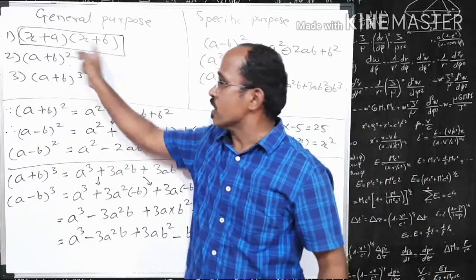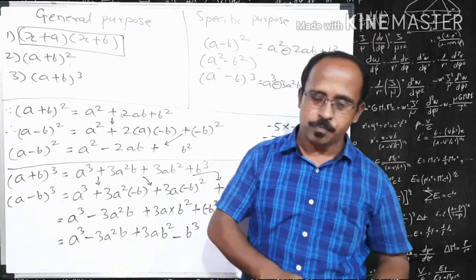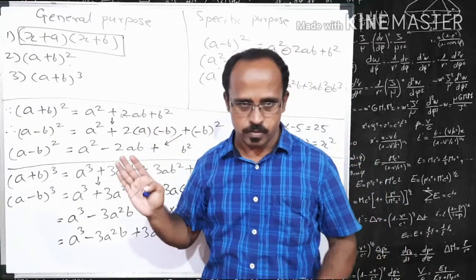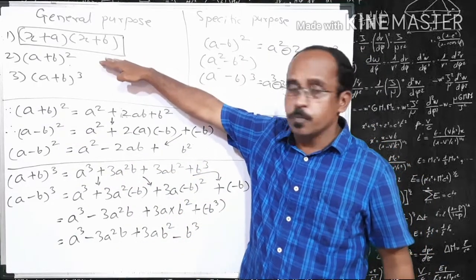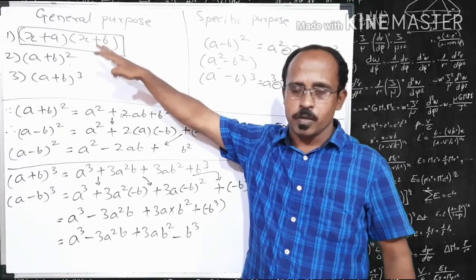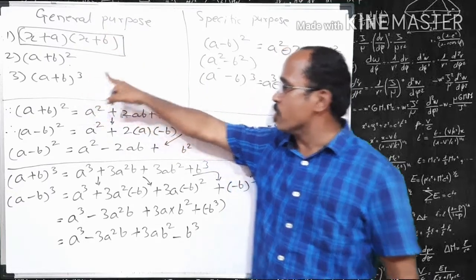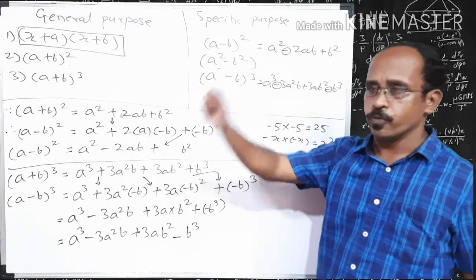These second terms were plus at a few places and minus at a few places. They were fractions at a few places. So this formula we used as general purpose in practice set 5.1, and this formula we used as specific purpose in 5.2. Go through a few videos of it.